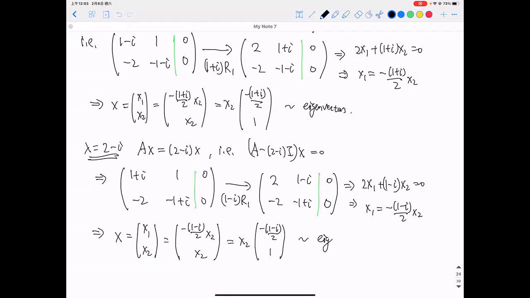Again, we found the eigenvectors. One point to make is that these eigenvectors are complex vectors.